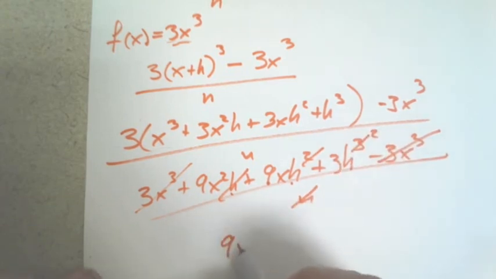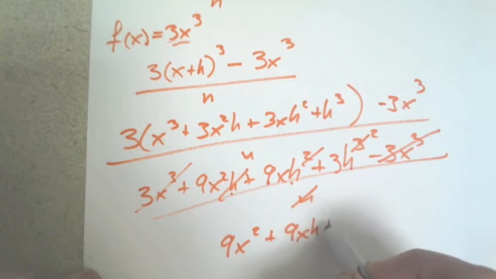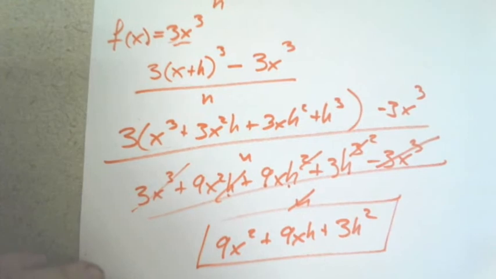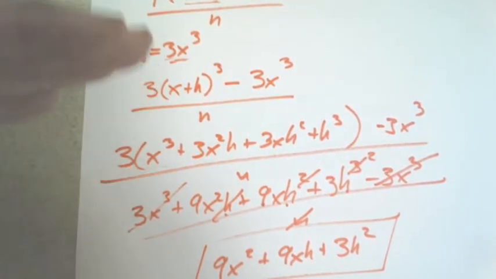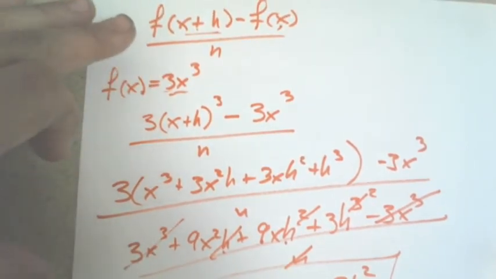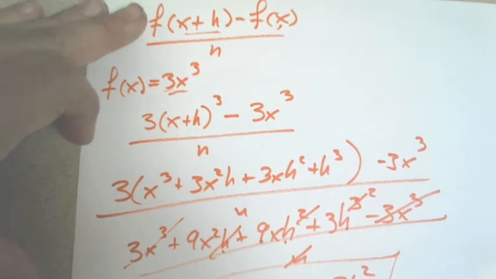So you'll end up with 9x squared plus 9xh plus 3h squared. So there's a lot of algebraic manipulation that you're trying to knock the rust off of early in this section.